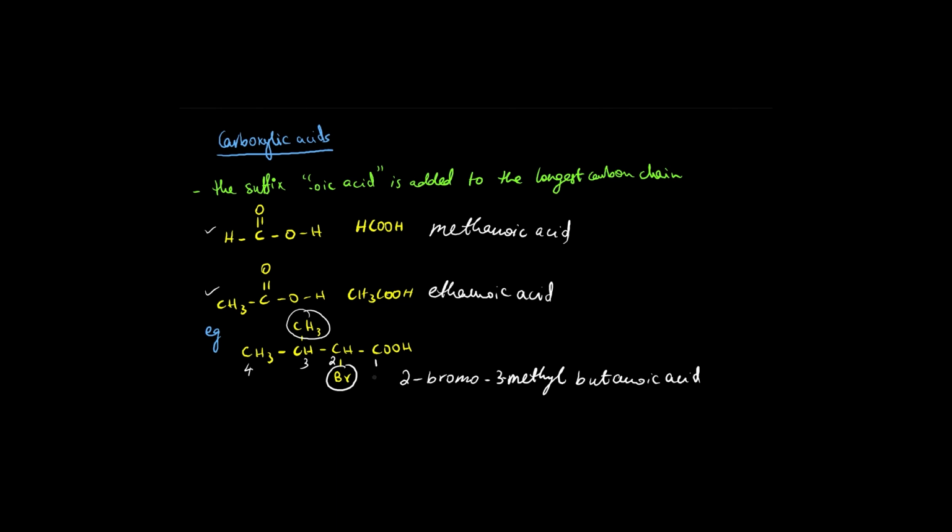So why 2-bromo? Because the second carbon has a bromine substituent, 3-methyl because the third carbon has a methyl substituent, and butanoic acid because there are 4 carbons in the longest carbon chain. The first carbon has the functional group, therefore you do not need to mention that, right?